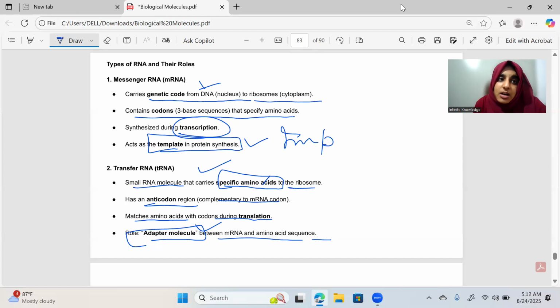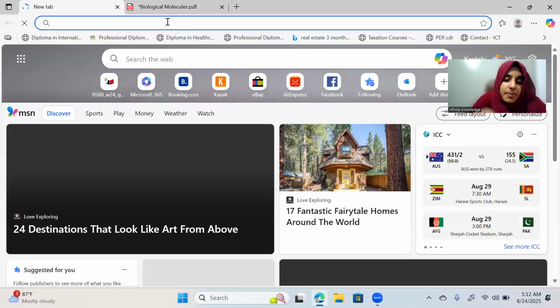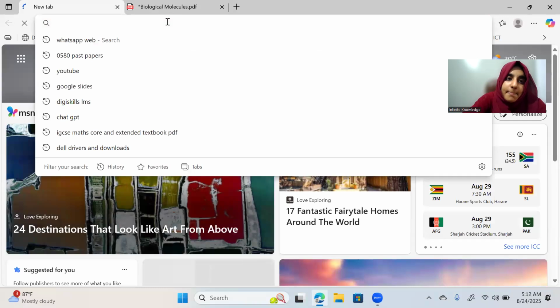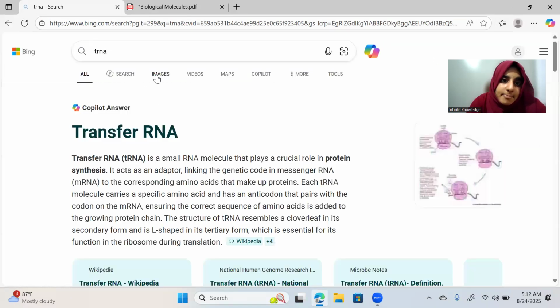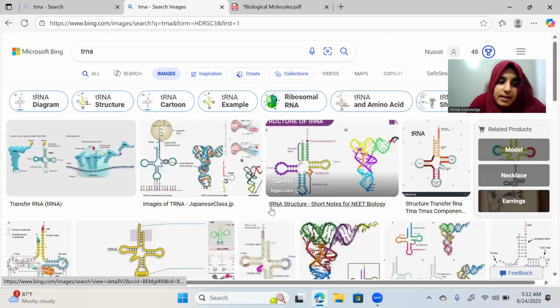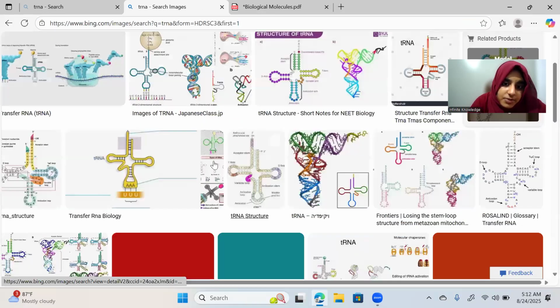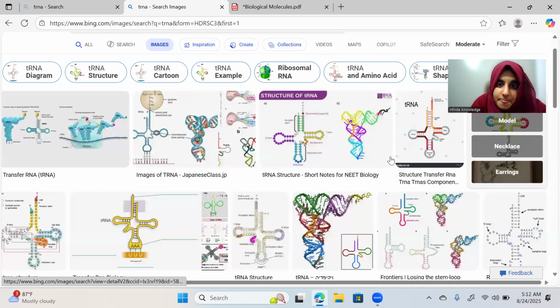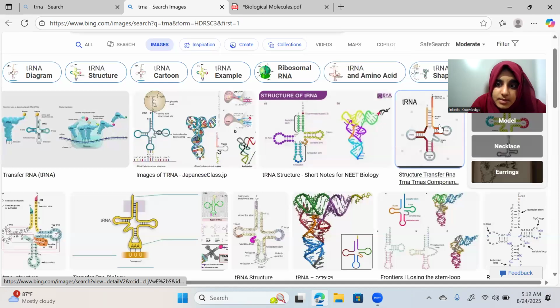Let me just show you. See, this is the structure of the transfer RNA.